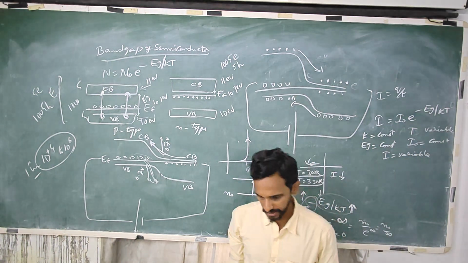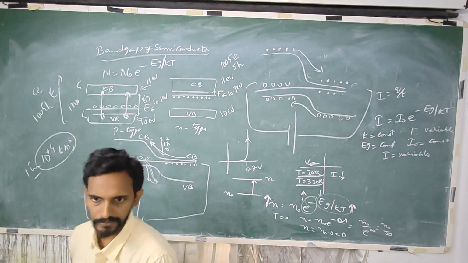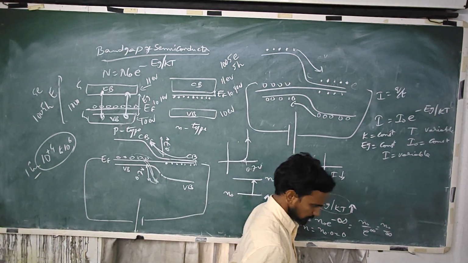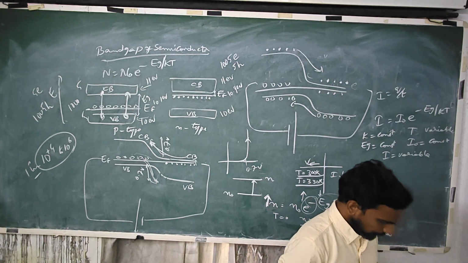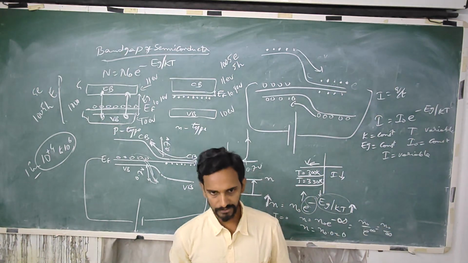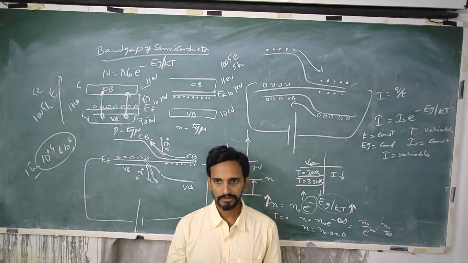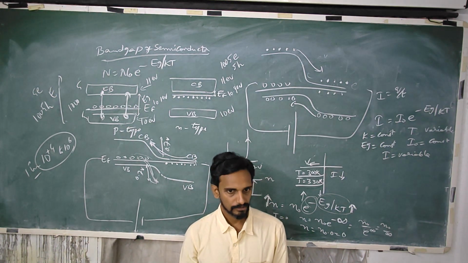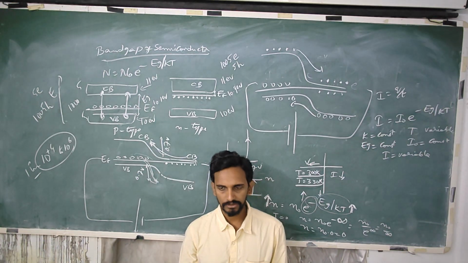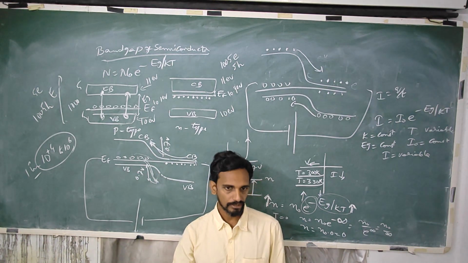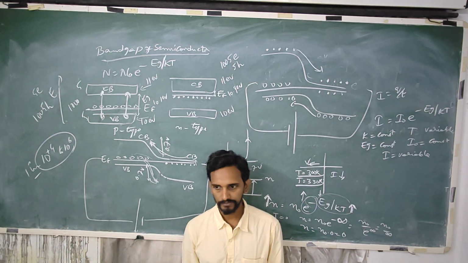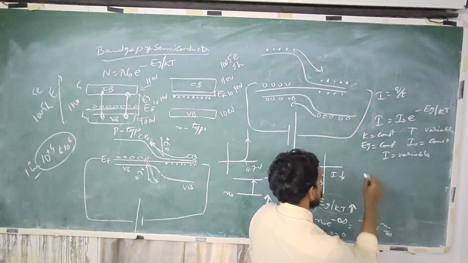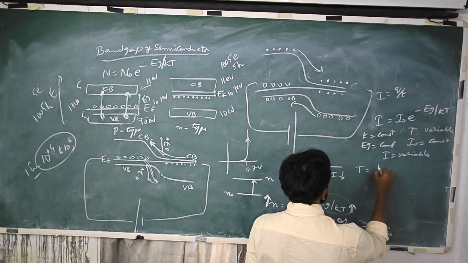So now, which one is the dependent variable and which one is the independent variable? Which one is in user control and which one depends on that particular one? So T is in user control, and by tuning T you can control I. So T is the independent variable.